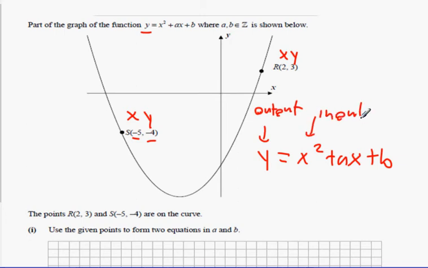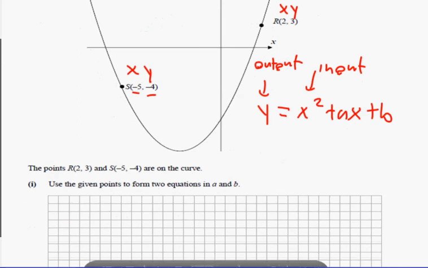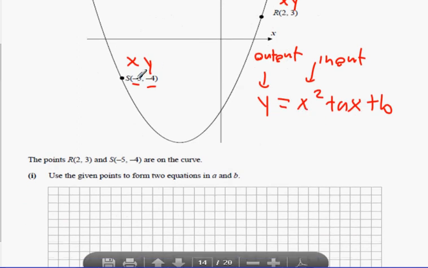So what's the general rule? When I replace x with minus 5, what should my answer be? Minus 4. So replace y with minus 4 and we get minus 4 equals, replace x with minus 5, and all x's get replaced with minus 5s. We've actually done a question like this before.